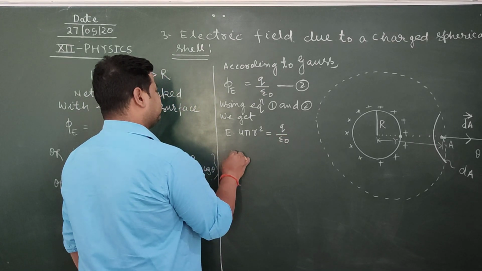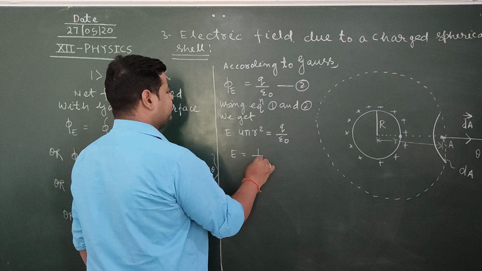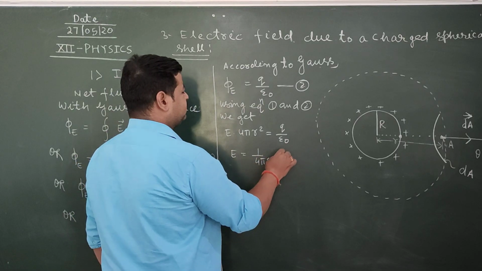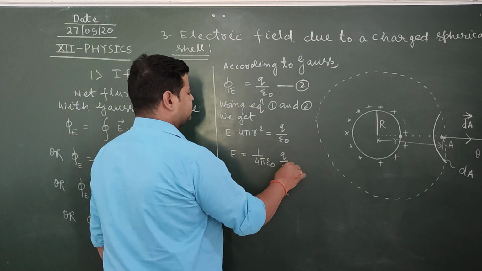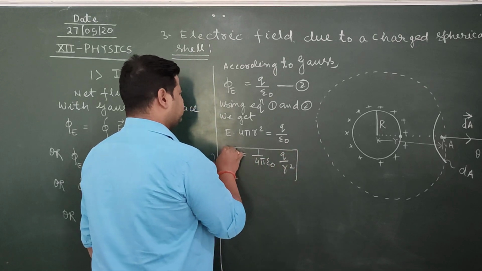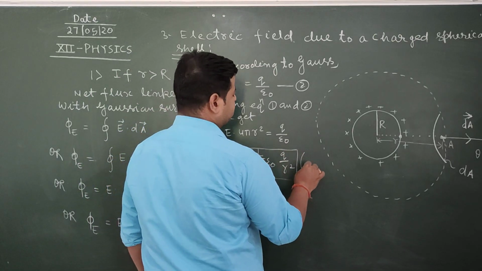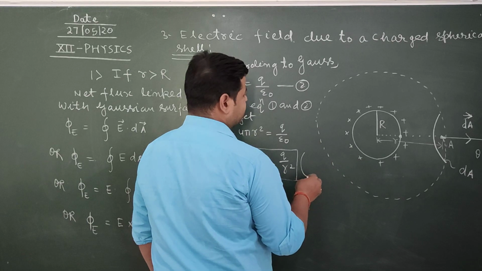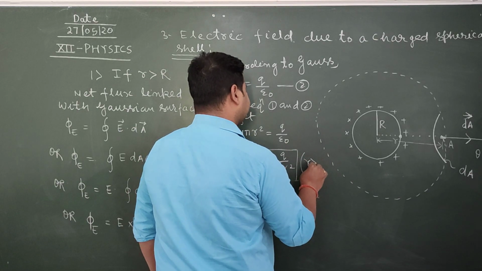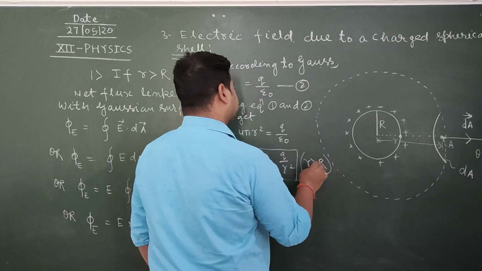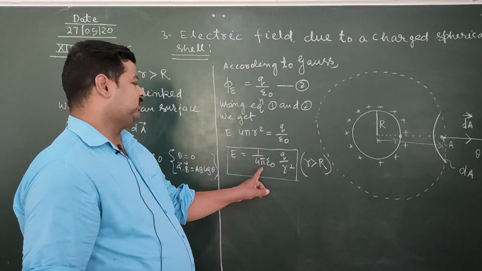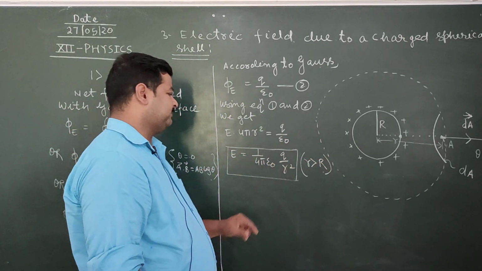E is equal to 1 by 4 pi epsilon naught Q by r square. This is the electric field due to a charged spherical shell outside at any point. So here r is greater than capital R. That explains the electric field outside of the shell.